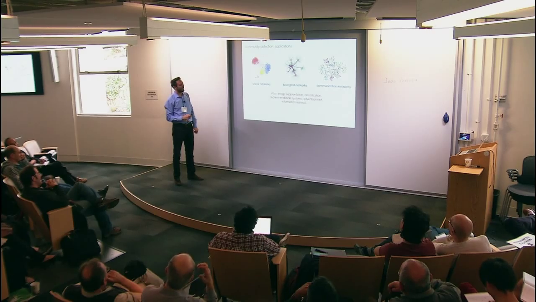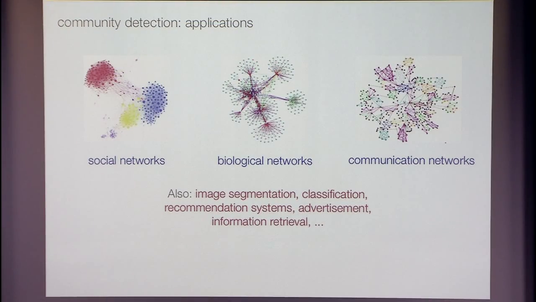So applications of community detection, they're pretty broad. The field exploded with social networks. That's one of the first things you want to know about networks, are community structures. Biological networks, protein-to-protein interactions. There was a talk just before about gene networks.